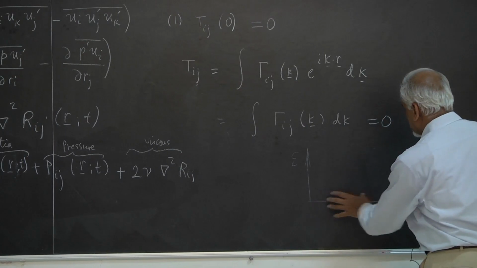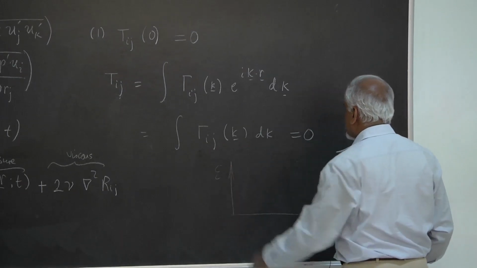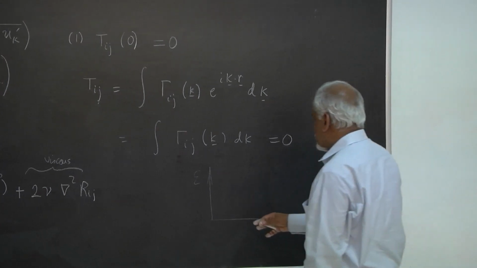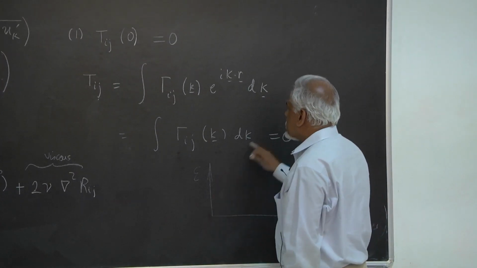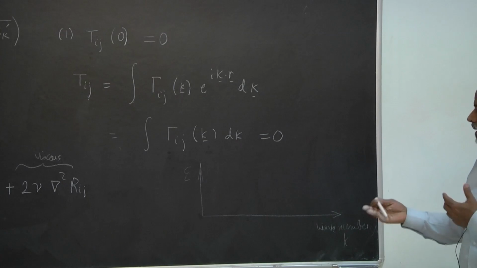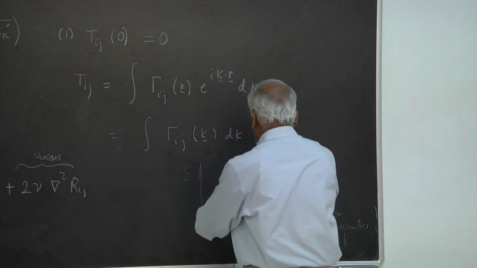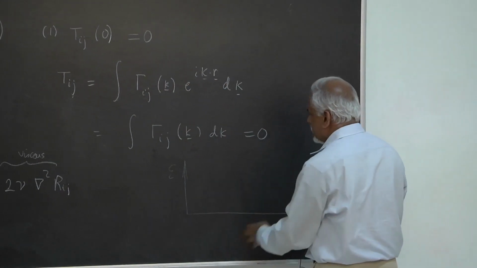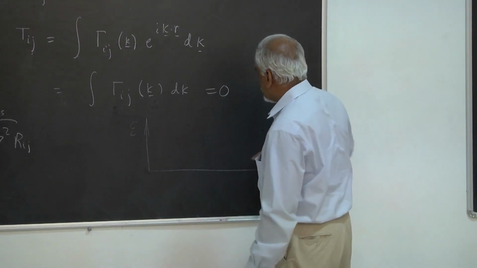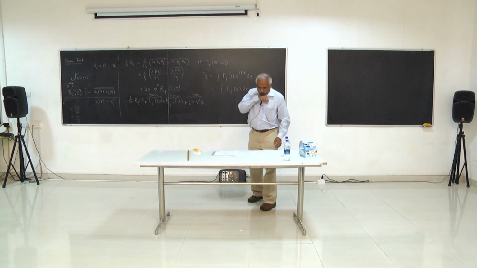So some things are happening here, some things are happening here, etc. But you integrate them over the entire wave number space, that is identically 0. What this means is that the nonlinear effect is not going to change the magnitude of T_ij or R_ij, but it is simply going to change the spread in wave number space. So what was here may be put here, etc., but if you integrate all the nonlinear effects over the entire wave number space, that is identically equal to 0.